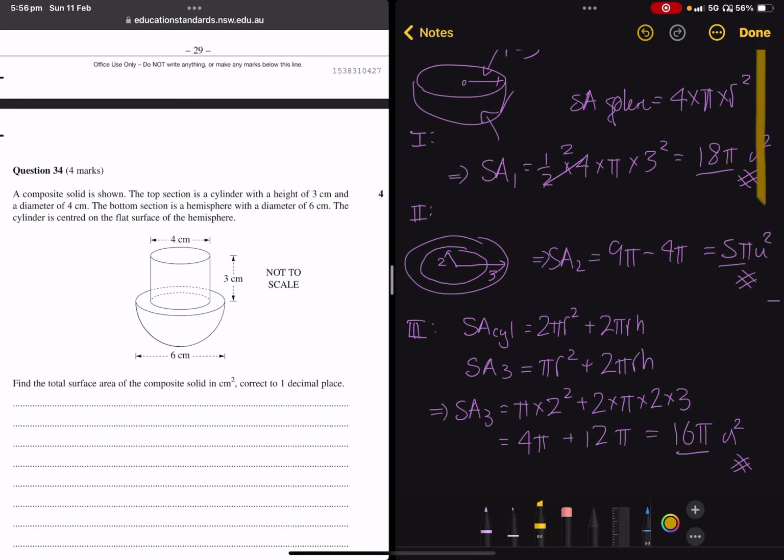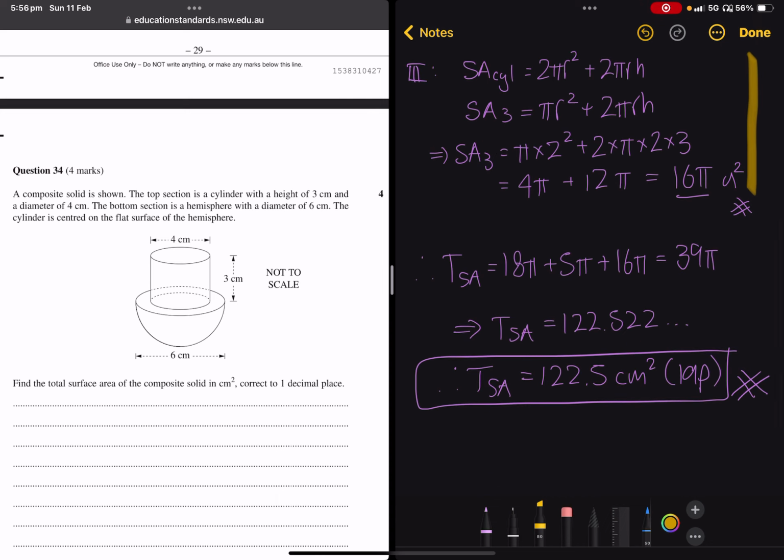For the third mark, you'll need to calculate the curved area of the cylinder and the hemisphere. Now you'll need quite a lot of working, pretty much all of the areas individually. And for the fourth mark, you'll need to correctly evaluate that and round to one decimal place. So this is how question 34 works, and this is an approximate rundown of the marking.